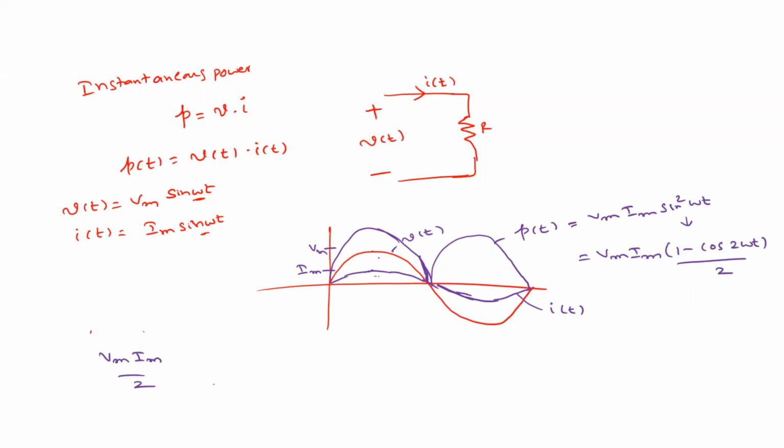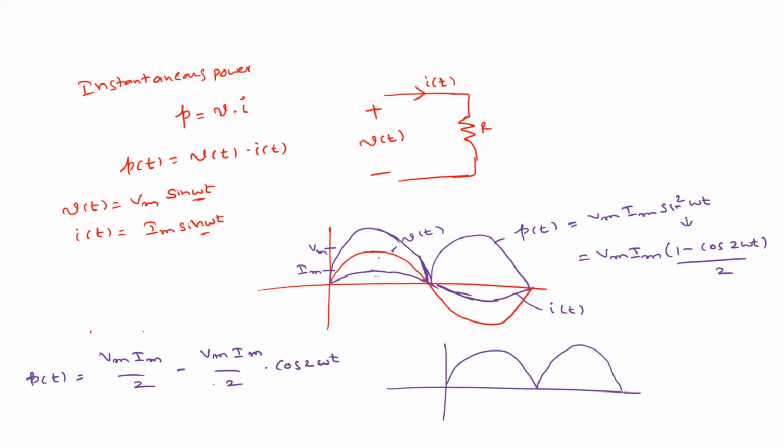The second term is Vm Im by 2 into cos 2 omega t. This is equal to p of t. So the overall waveform is something like this, and it has two terms.